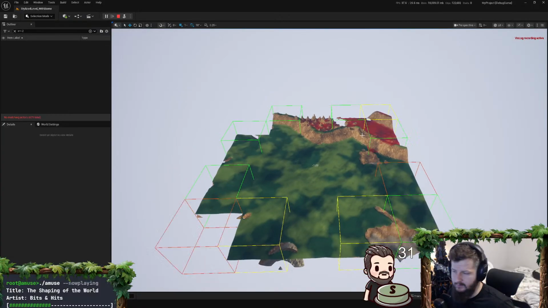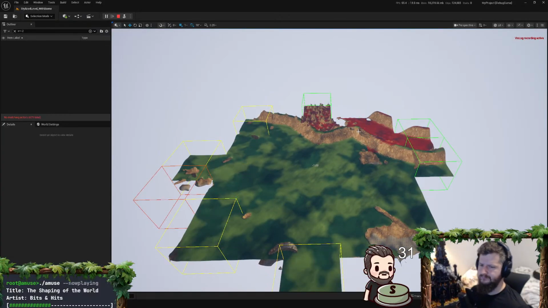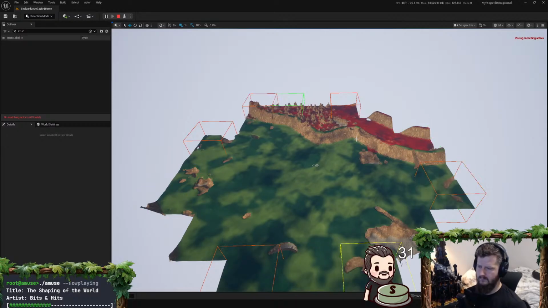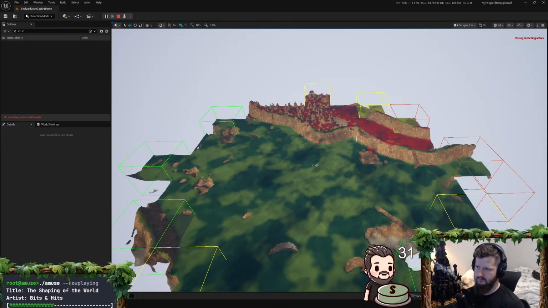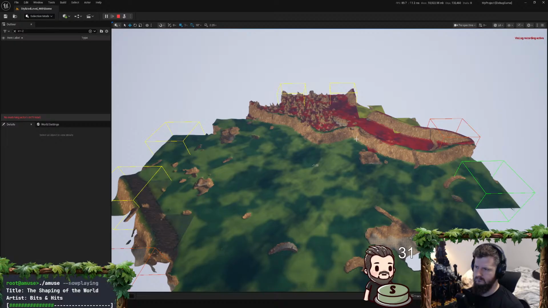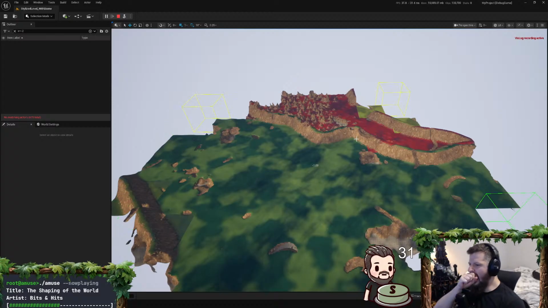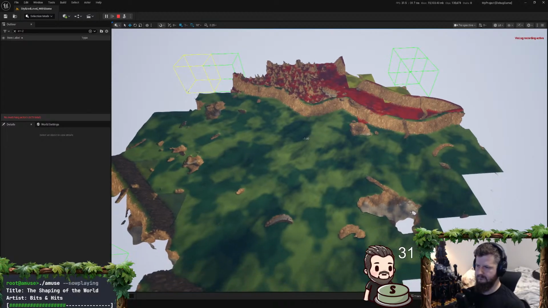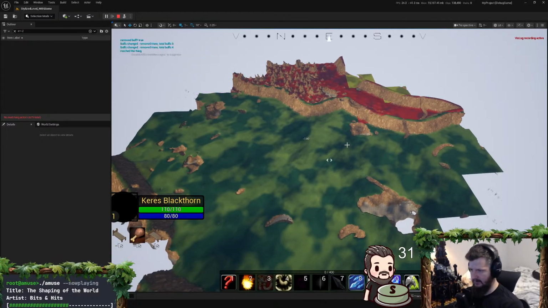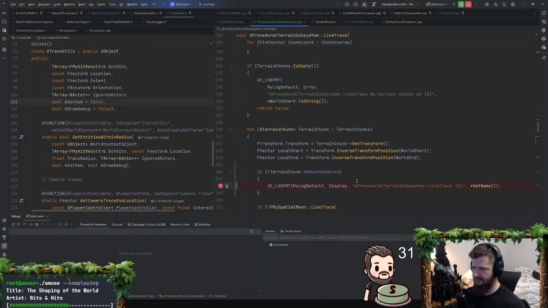Let's wait for the player to get spawned. This one's taking a while. There we go. Okay, now let's do it.